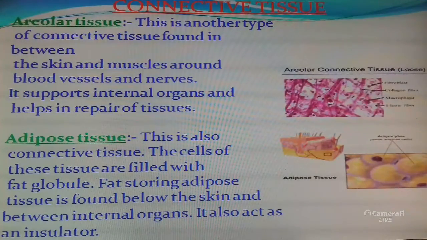Their composition is the same: blood is formed of plasma and blood cells, and lymph is formed of plasma and corpuscles, but there are some differences.